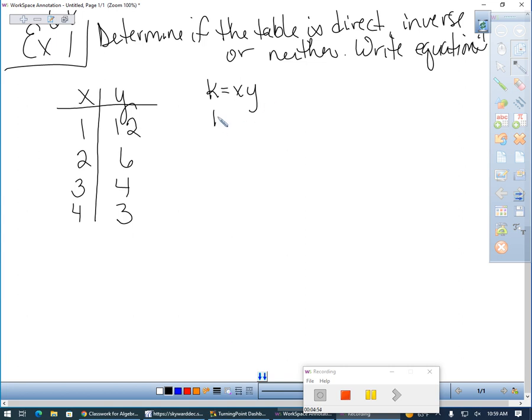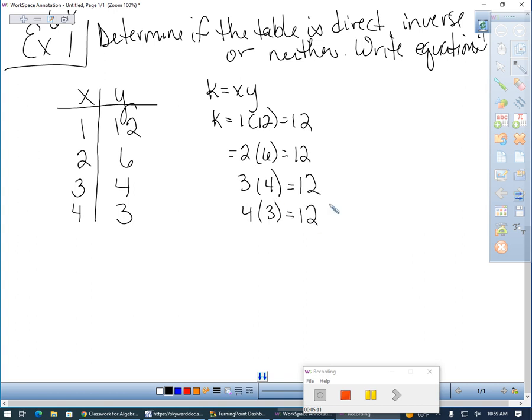So we have k equals 1 times 12, which equals 12. In this one, we have 2 times 6, which equals 12. 3 times 4 equals 12. And 4 times 3 equals 12. So this is indeed an inverse because all of our k's are the same throughout. And so our equation is going to be y equals 12 divided by x.